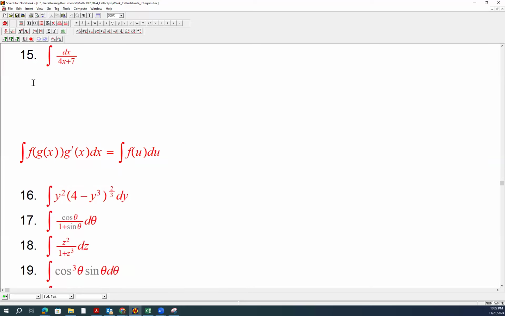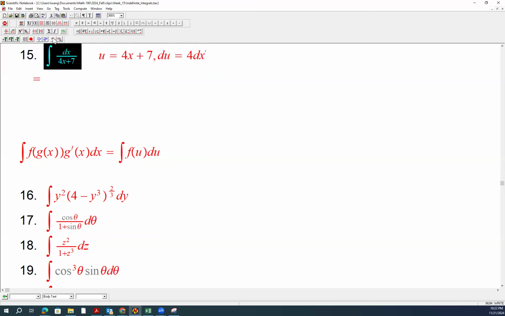All right. This question, the substitution is actually very obvious. Okay, we're just going to introduce u equals 4x plus 7, which is the entirety of the denominator. So du would be equal to 4 times dx.